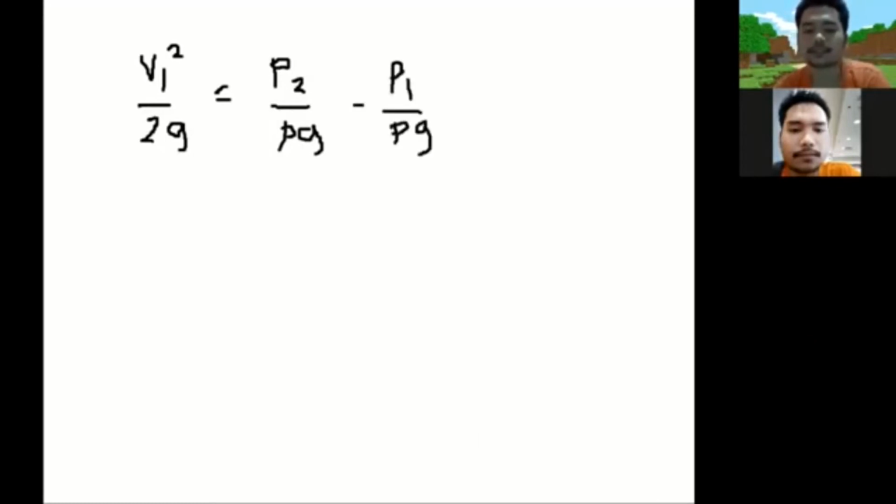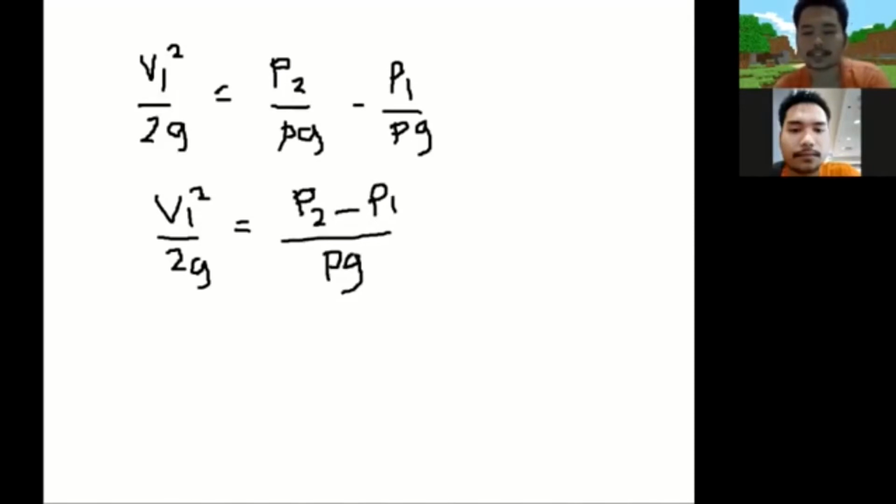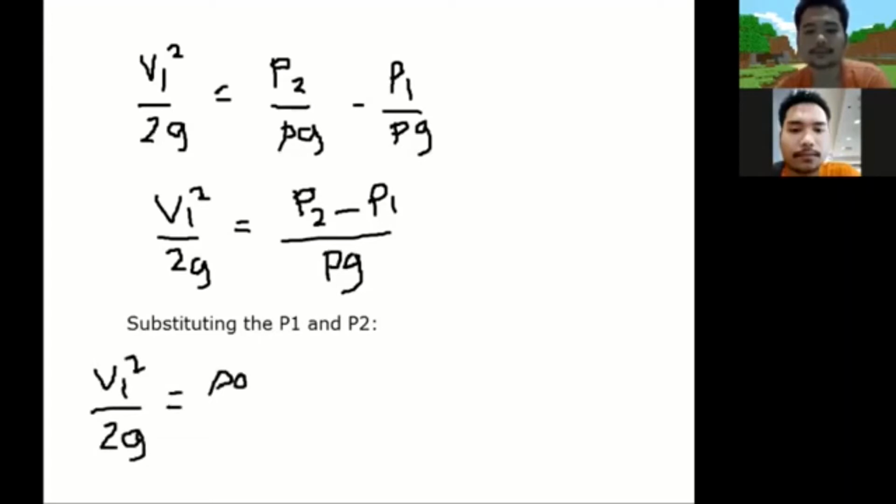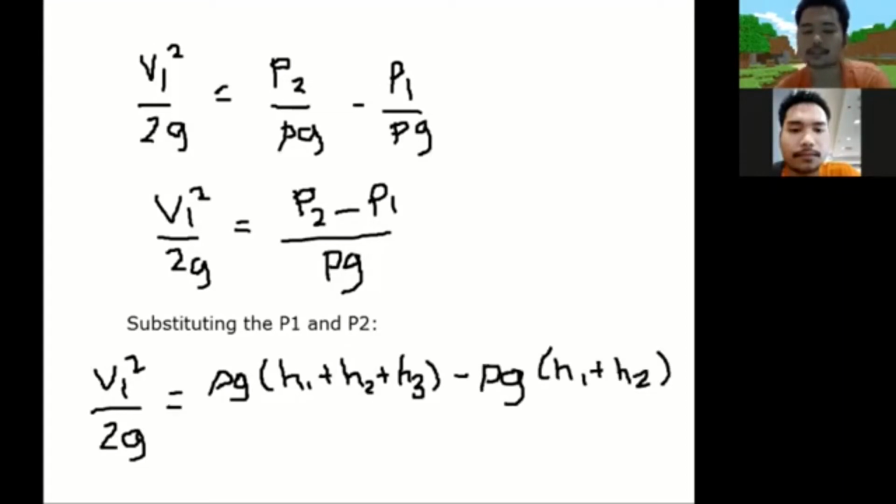Since they have the same denominator, V1 squared over 2g equals (P2 minus P1) over ρg. Now we substitute our analysis from before: substituting P1 and P2, we have ρg(H1 plus H2 plus H3) for P2 and minus ρg(H1 plus H2) only, since we only determine at the center of the pipe, all over ρg.